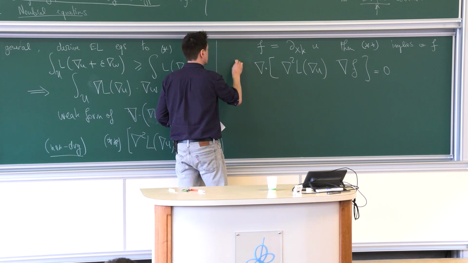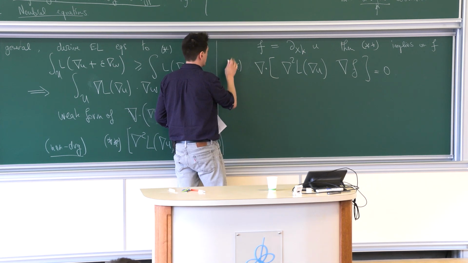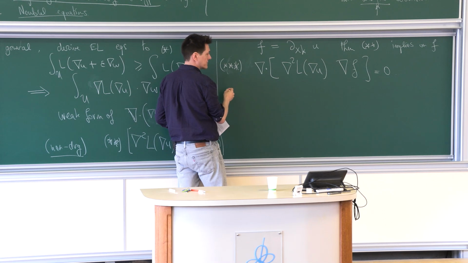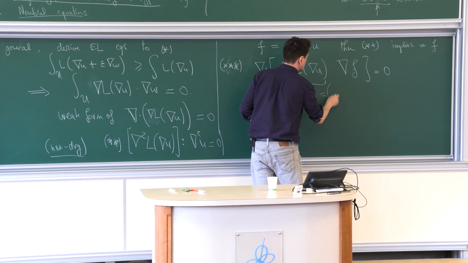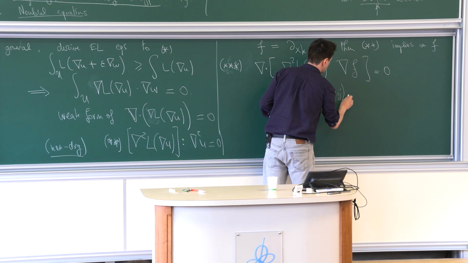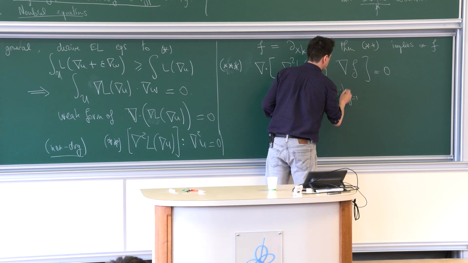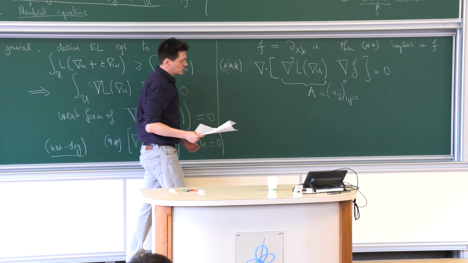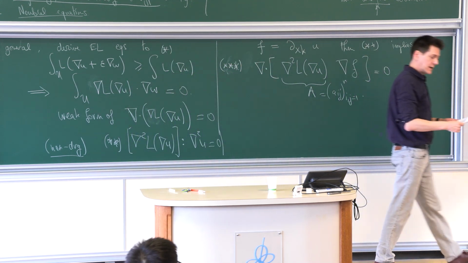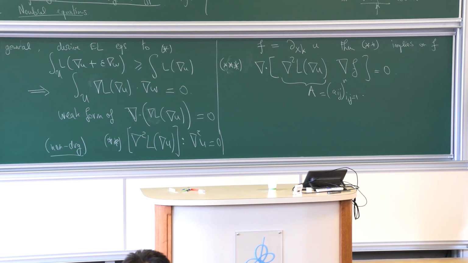And that is a divergence form PDE on the first derivative of U. Let's call that matrix A. And we have two nice elliptic problems, on U and on the first derivatives of U.